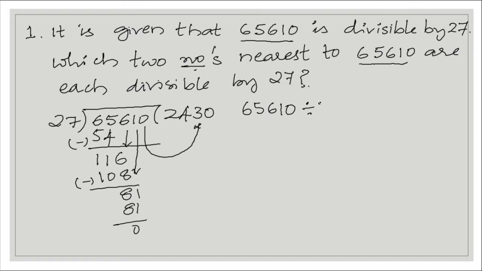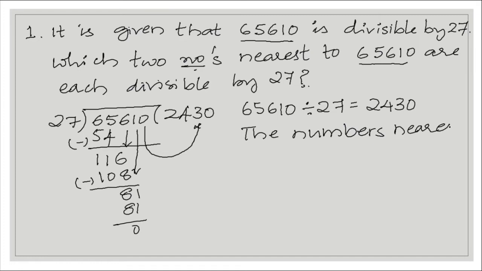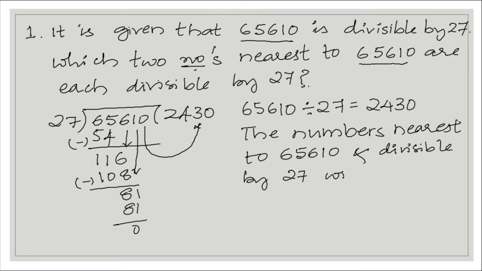So I will write this in mathematical way. 65610 upon division by 27, we get the quotient as 2430. The numbers nearest to 65,610 and divisible by 27 will be 2430 minus 1 multiplied by 27.